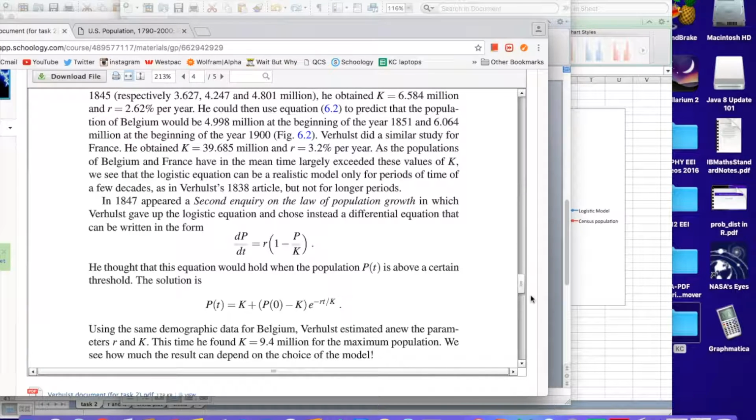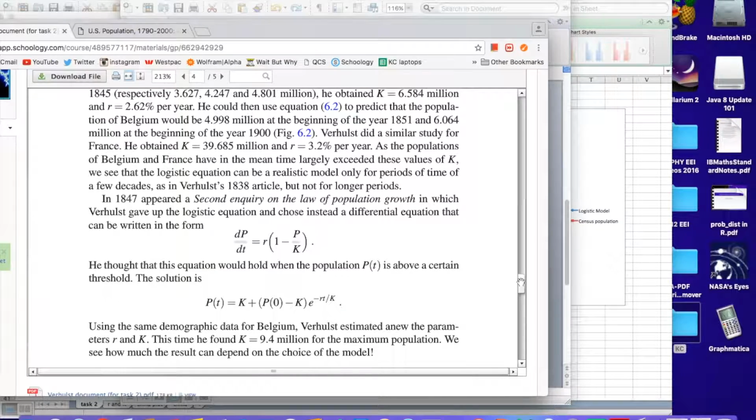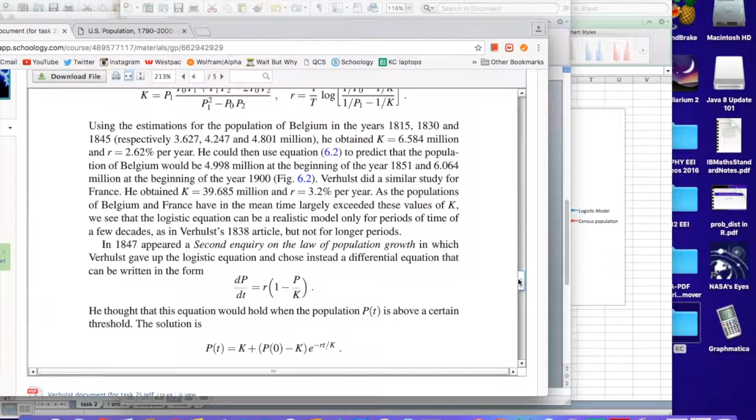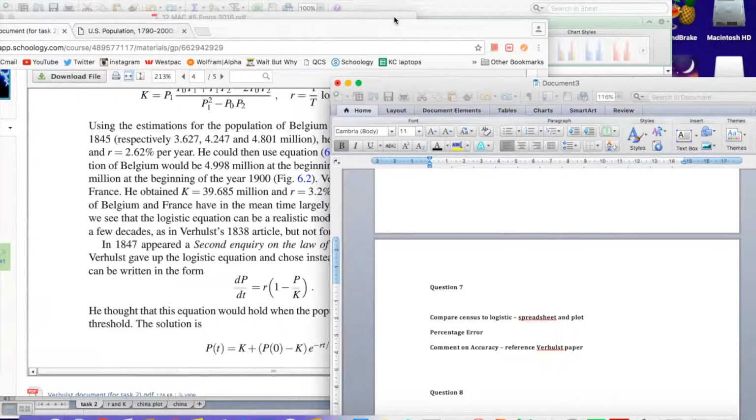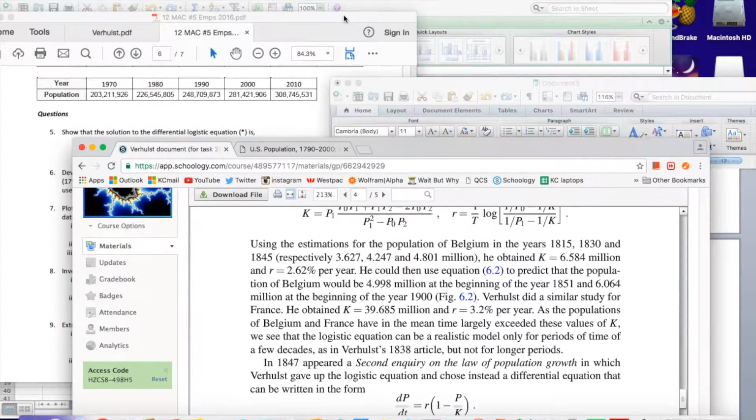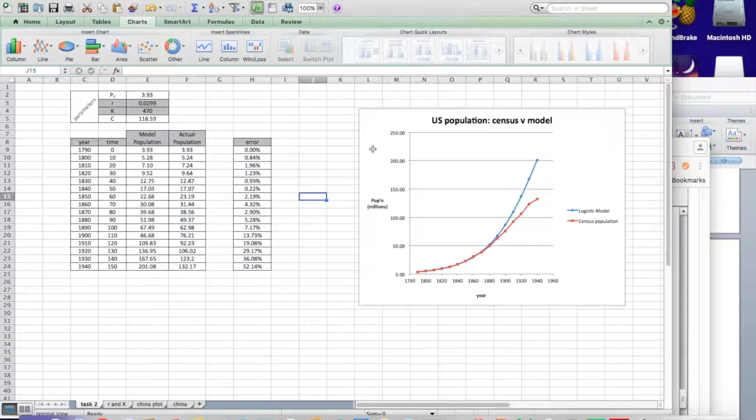Okay, so that might be a little bit out of context, but ultimately what it's saying is that we can't expect to extrapolate beyond a few decades within the data that we used and get accurate results.